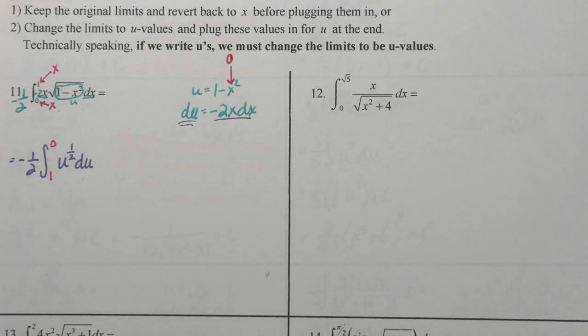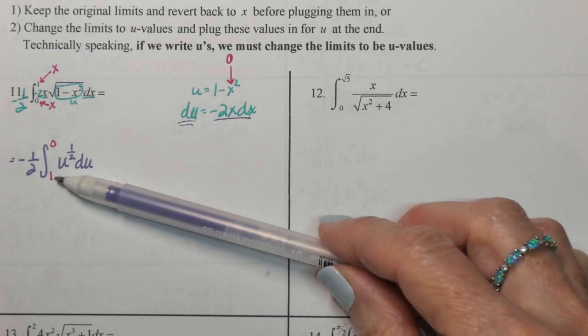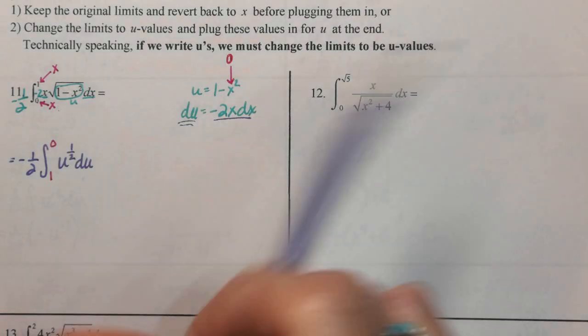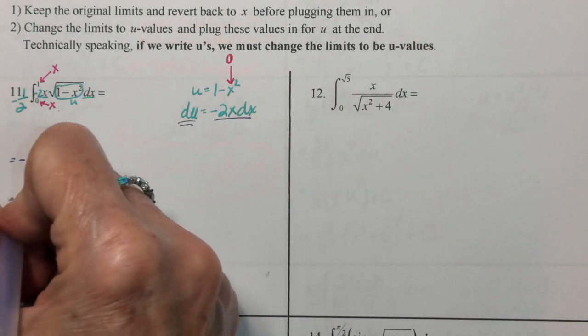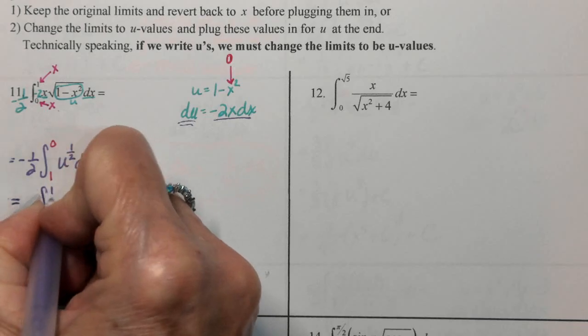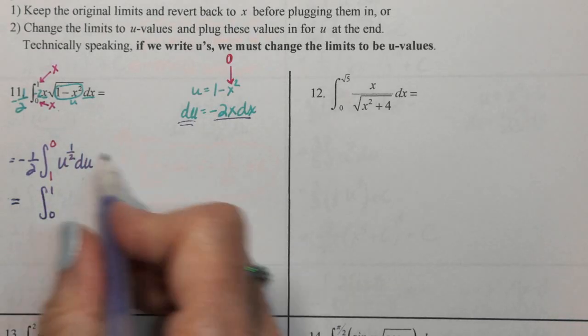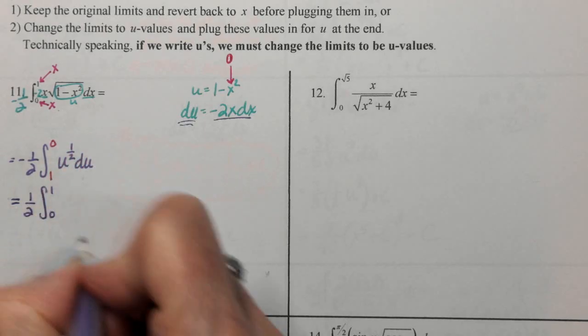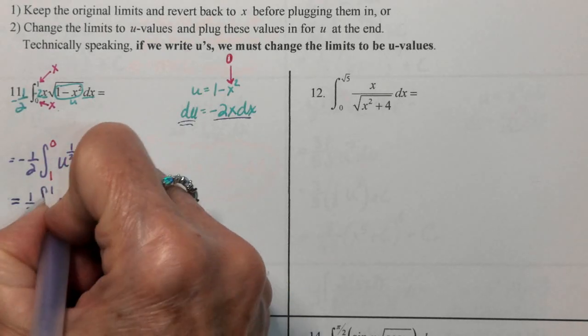So sometimes this happens to where once you change to u's, your larger boundary is now on the bottom. And we don't want it on the bottom. I'm going to flip those, put the 1 on top, and multiply the outside by a negative 1. So now it's going to be a positive 1/2 on the outside.